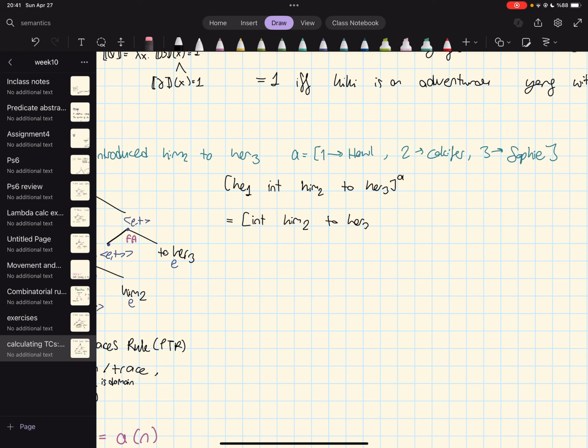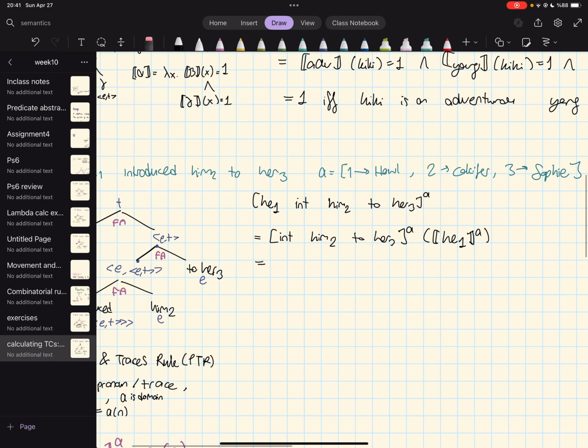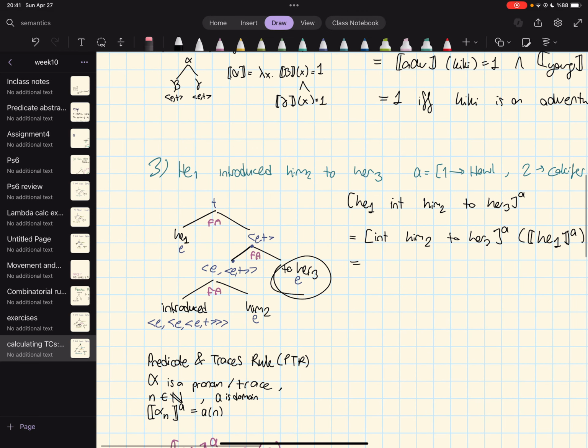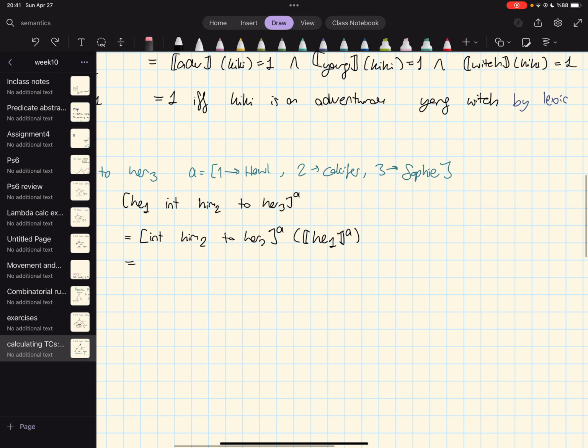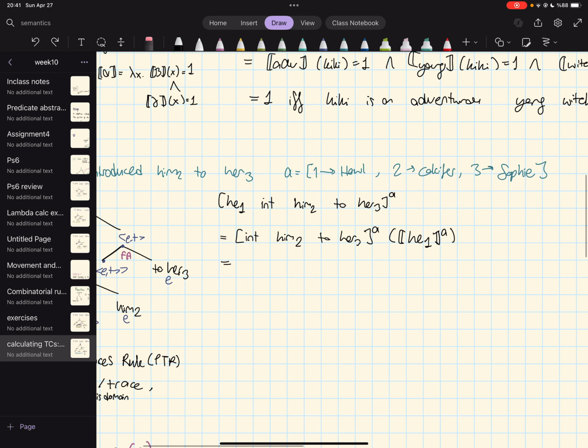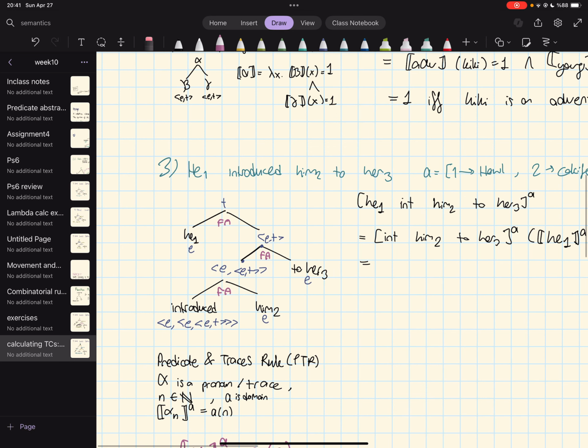Also, this is in the domain of A, because see, the assignment function A takes he one as its argument. Next up, the next argument it takes is her, to her. Before doing so, let's just note that we have done this by FA, function application, and now we're in this node.